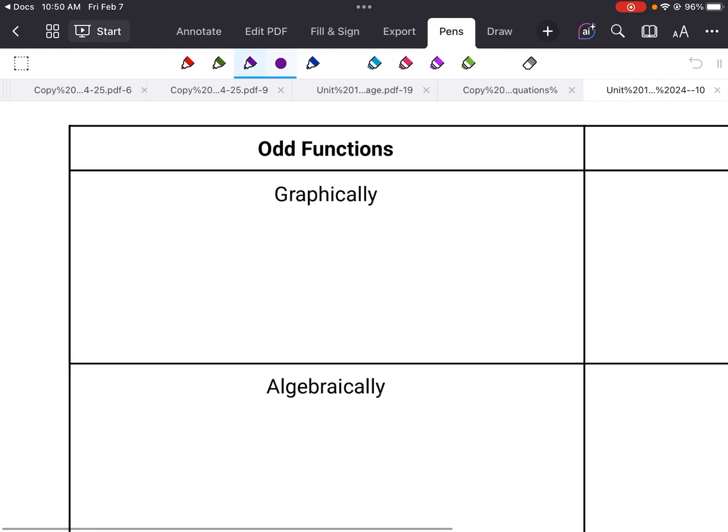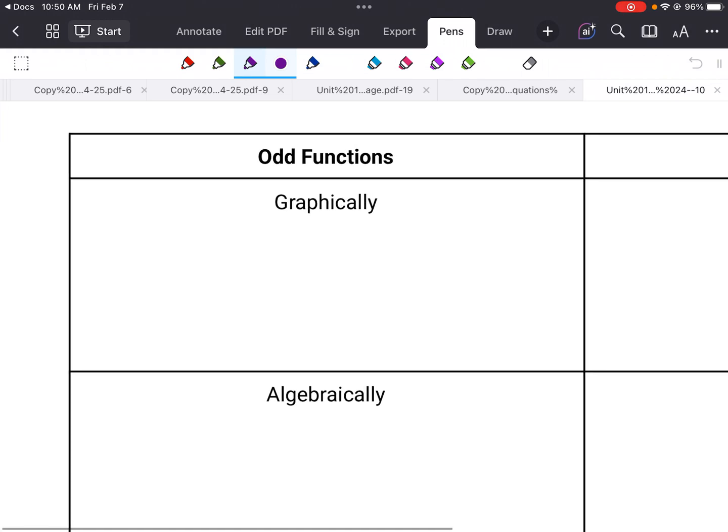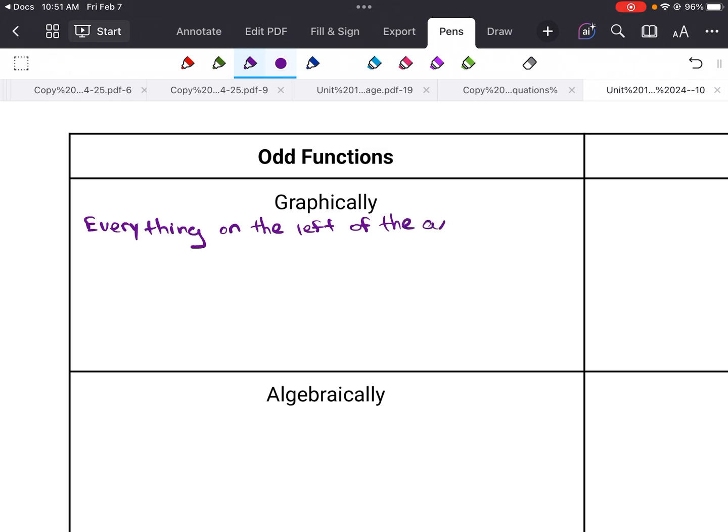Odd functions graphically, it'll be everything on the left side of the axis line is opposite of everything on the right side.